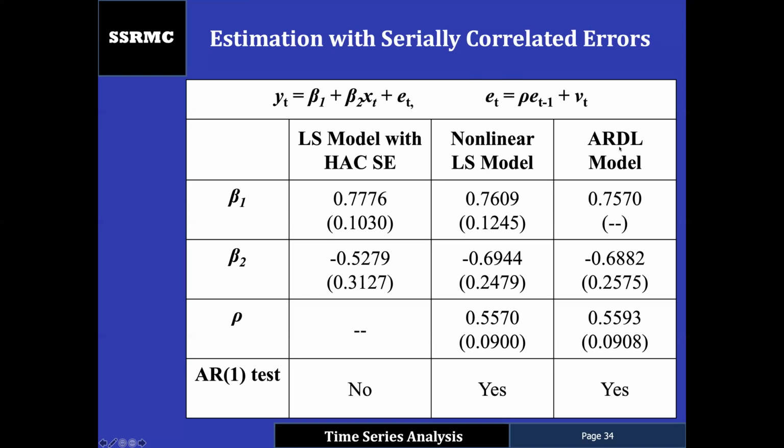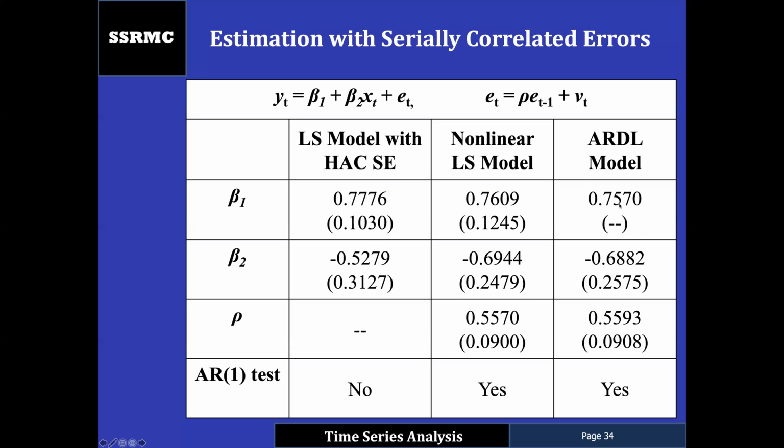We call it the ARDL model simply because we have the lag terms of both the dependent variable and independent variable in our regression model. And by imposing a constraint, which is a result of this AR1 process, we can estimate those betas and the rho, and we can also check whether the AR1 process is significant or not.